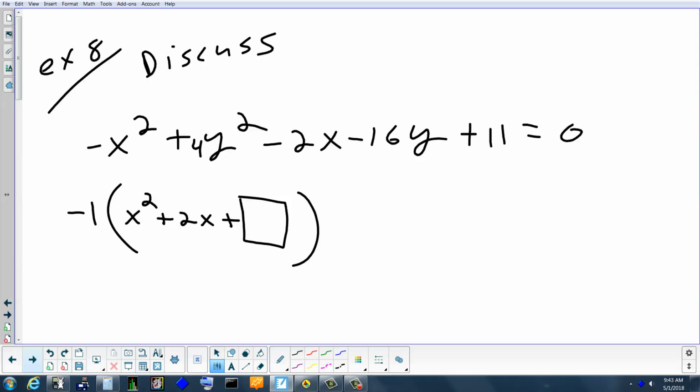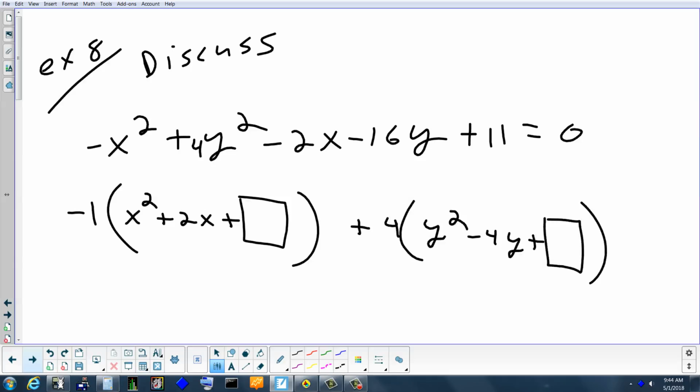All right, and for the y's, how about Dylan? What am I going to factor out for the y's? 4. Yep, I'm going to factor out 4 y squared minus 4y. Leave a little bit of space to complete the square, and let's put the constant on the other side.